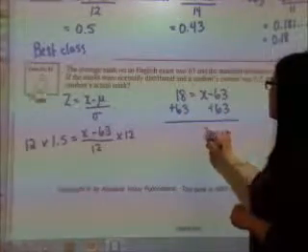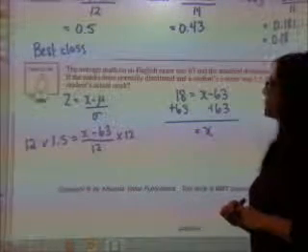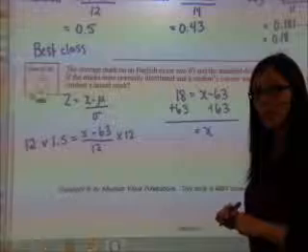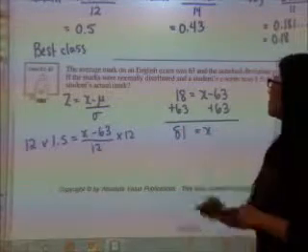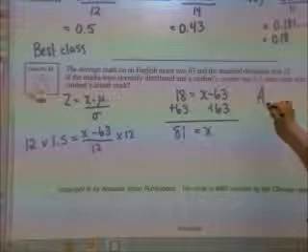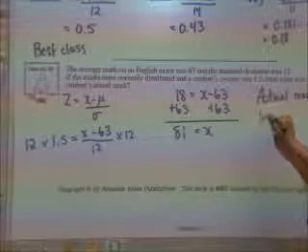So what is 63 plus 18? 81. So the actual mark was 81.